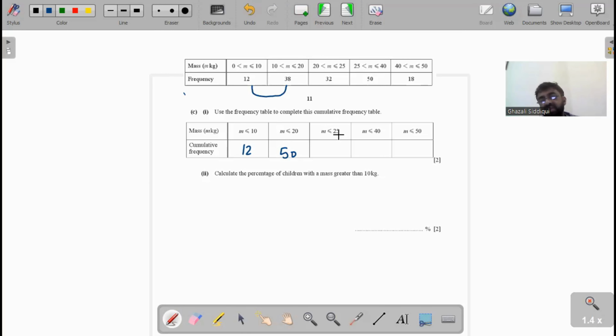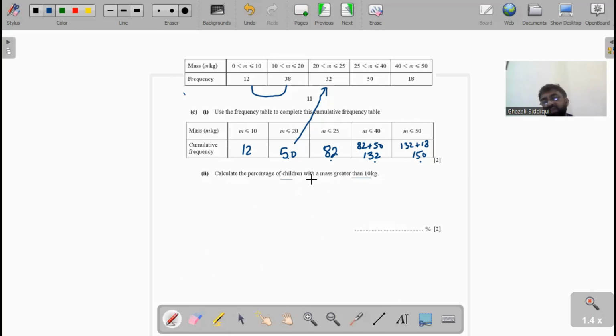Mass less than 25, we add 50 plus 32, that is equal to 82, because all three values are added. Mass less than 40, we add 82 plus 50, we get 132. Same as mass less than 50, we add 132 plus 18, we get 150.